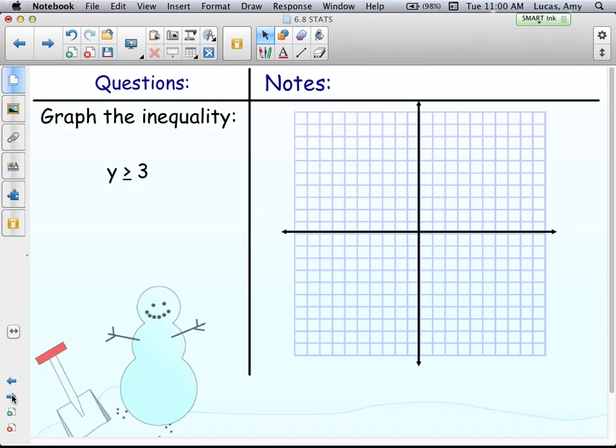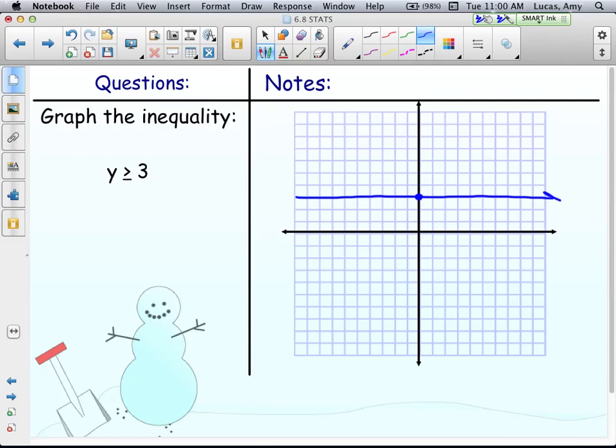Another one for review, what happens when it's just y is greater than or equal to 3? Well, on the y-axis here's 3. All of the points where y is equal to 3 would lie on this horizontal line. Remember, when the only variable that we see is y, it's going to be a horizontal line. Every point, if I put points all over, every one of these points has a y coordinate of 3.